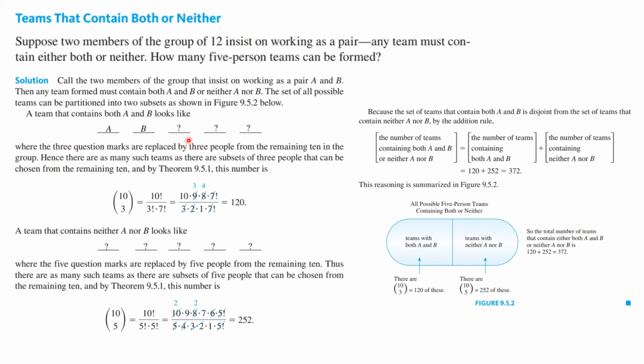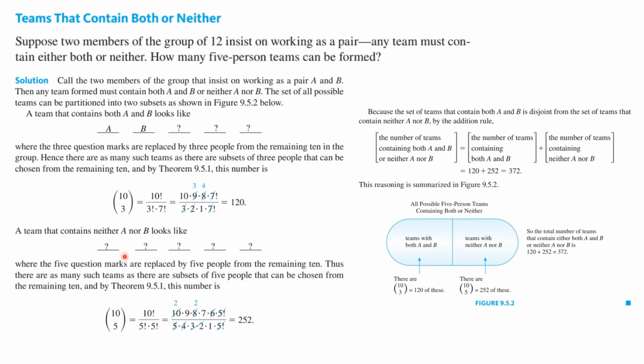So you have 3 slots to fill with the remaining 10 people. Well, 10 choose 3, and since this is a team, it doesn't matter which order, is 120. So we get 120 that have both A and B on them.